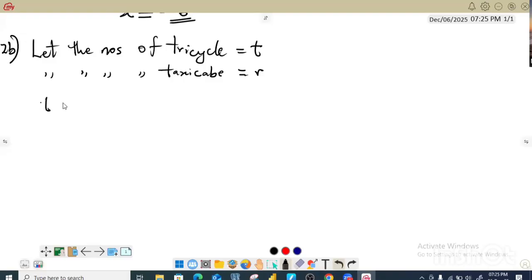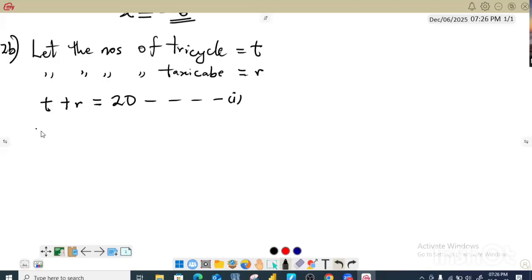So you can see T plus R equal to 20. Make this one equation 1. And they told us that each tricycle can carry 2 passengers, while the taxi cab can carry 4 passengers. And when the 20 of them carry passengers, the total they carry is 66.